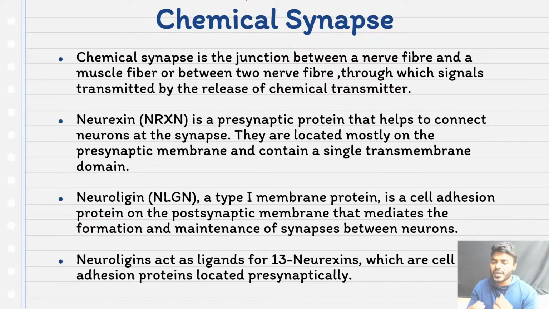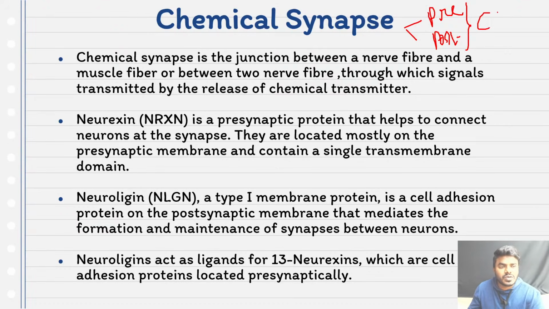The question is how presynaptic and postsynaptic membranes can be associated with each other. Friends, the point is very clear. They are associated with each other with the help of different types of CAM molecules.